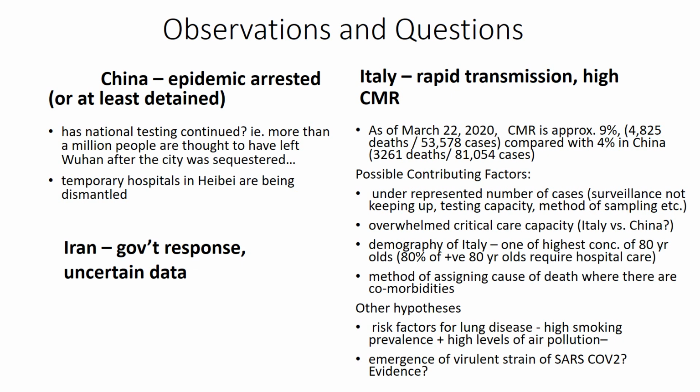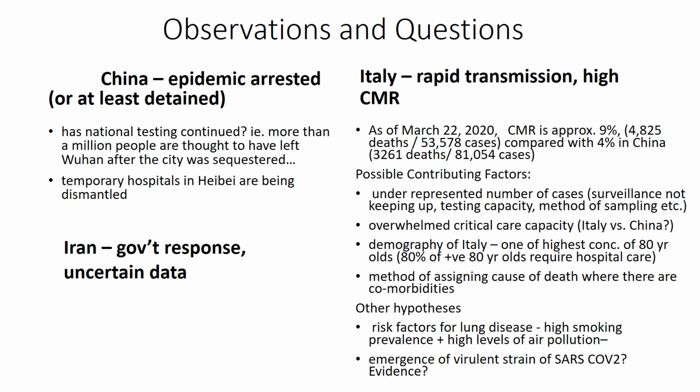In Iran, another so-called epicenter of the epidemic, the government response has been problematic, partly for good reasons because they've been under U.S. sanctions for this last period. It stressed the healthcare system. And secondly, the leadership of Iran has been paranoid and suspicious about the origins of the epidemic. They've suspected a U.S. plot.